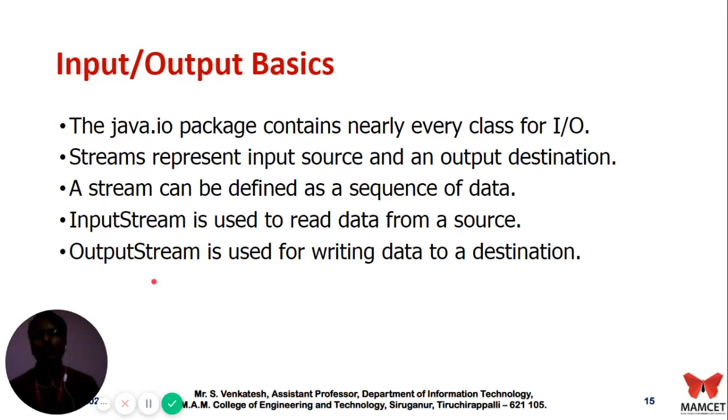Output stream is used to write data to the destination. So you have the data and you write it as output to the destination. Both input stream and output stream are used for getting the input and writing the data to the destination.